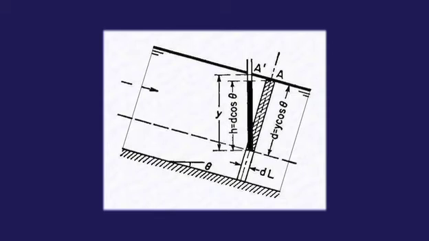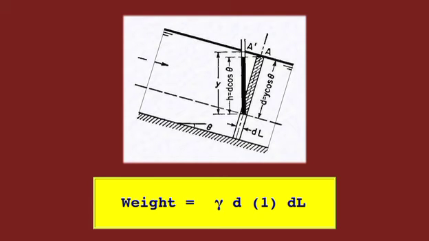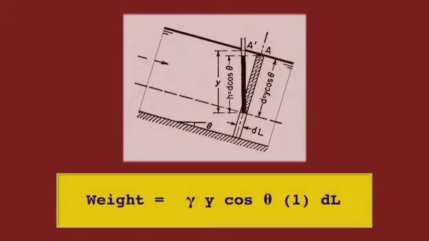The weight of the shaded element of length dl and width 1 is as follows, in terms of depth of flow y. The pressure due to this weight is as follows.